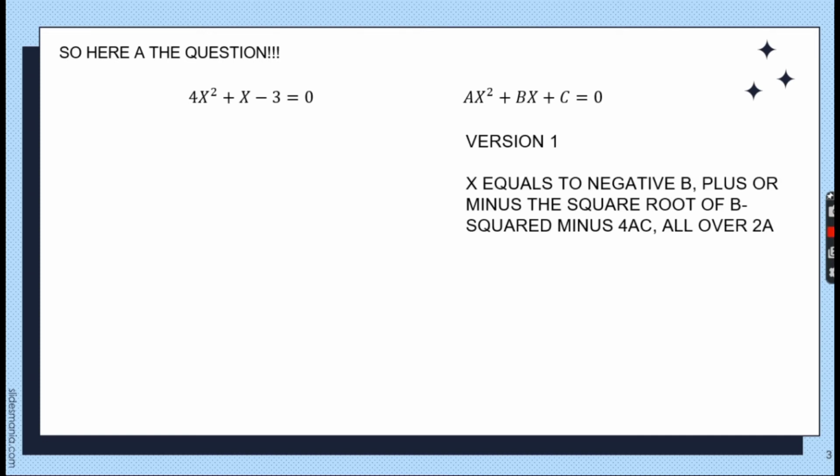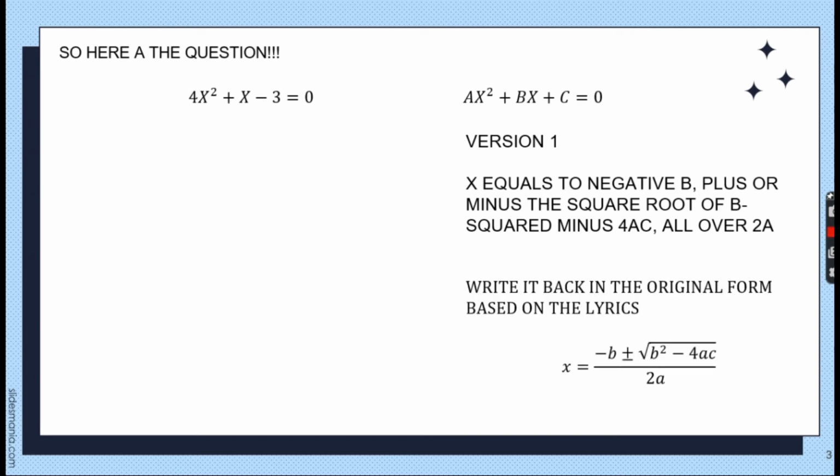From the lyrics, we can write it as the original form of the quadratic formula, which is x equals negative b plus or minus the square root of b squared minus 4ac all over 2a. After that, we can start to substitute 4 for a, 1 for b, and negative 3 for c in the formula.